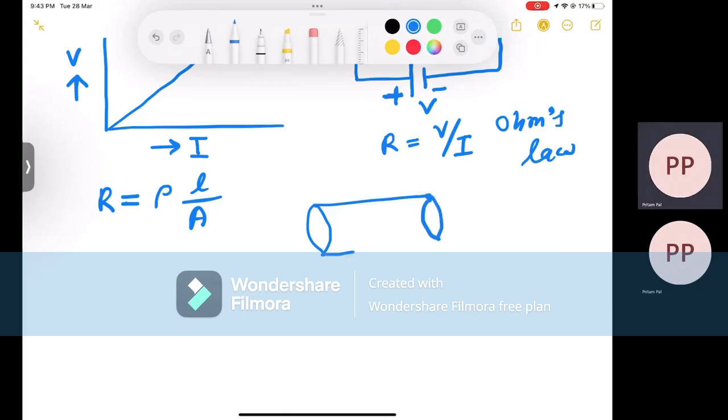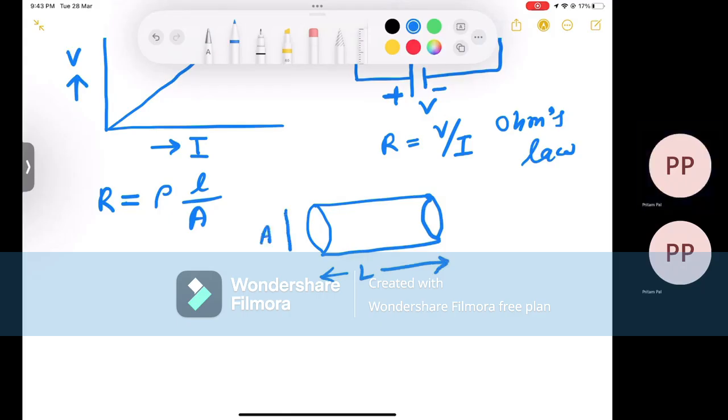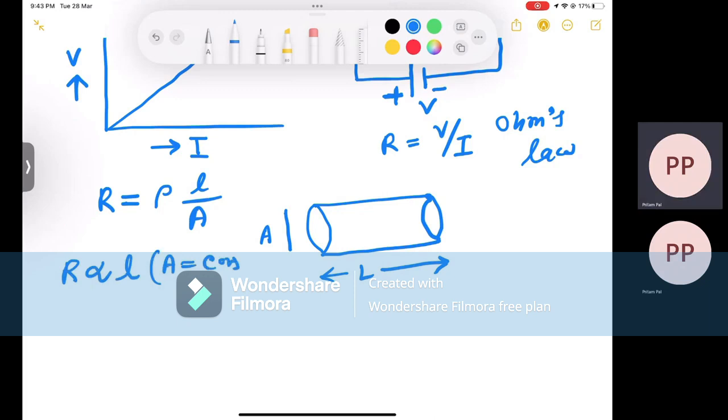We have a conductor which has a length L and a cross section of A. Then R is proportional to L when A is constant, and proportional to 1 over A when L is constant.